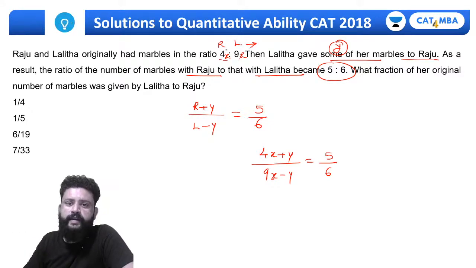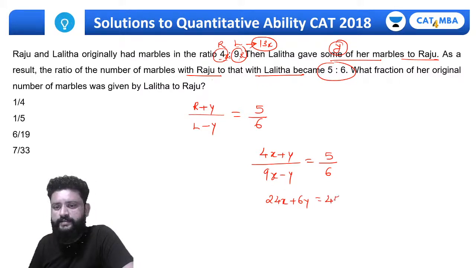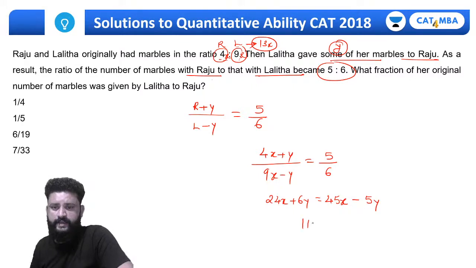The total marbles were initially 4x plus 9x. There were total 13x marbles with them. Then if you solve this, 24x plus 6y is equal to 5 times 9x, that is 45x minus 5y. 11y is equal to 45x minus 24x, that is 21x.